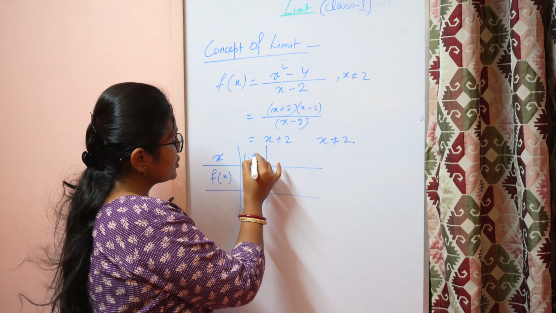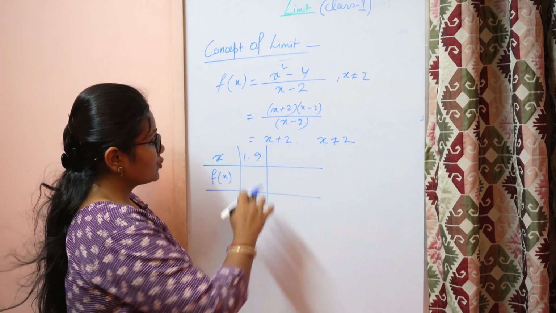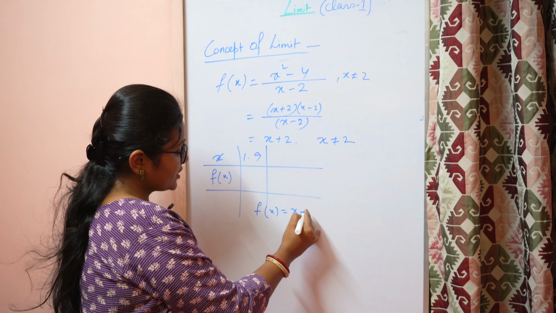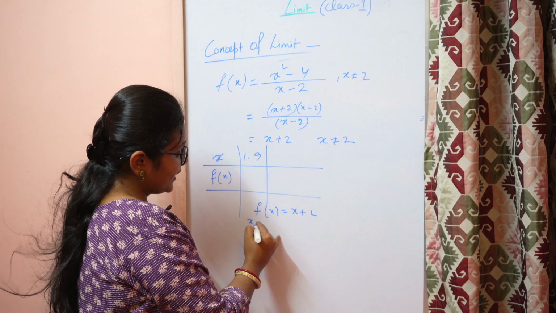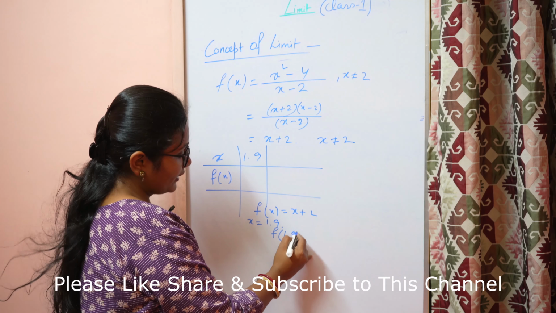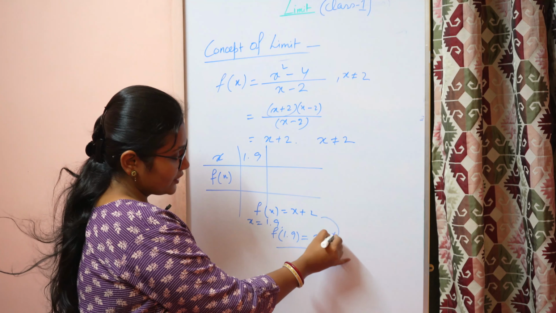Suppose I am taking the value of x as 1.9. So what will be the value of f(x)? Your f(x) is equal to x plus 2. Now you are taking in place of x 1.9, so f(1.9) will be 3.9 if we calculate from this function.